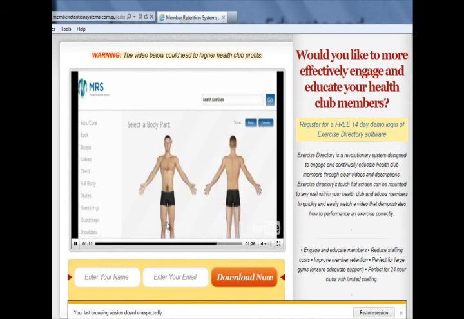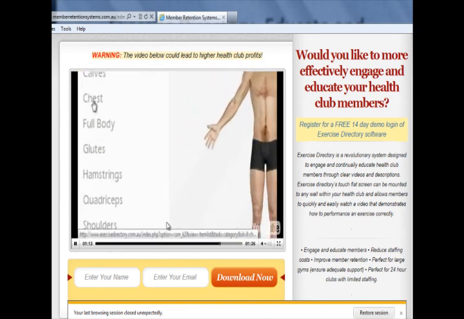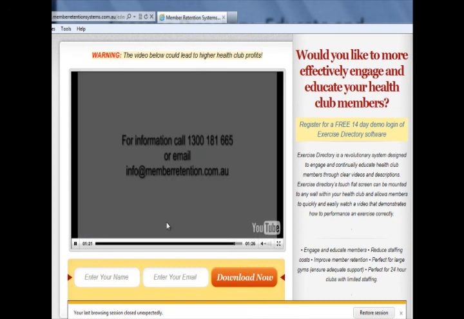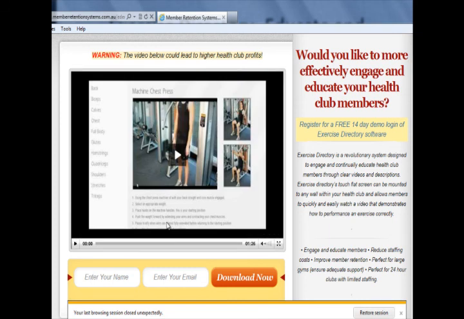One of the big things that your staff will be responsible for is the constant re-education of members who forget how to do an exercise. So members who do forget how to do an exercise can simply look up the exercise on Exercise Directory and get a video of how to do it.